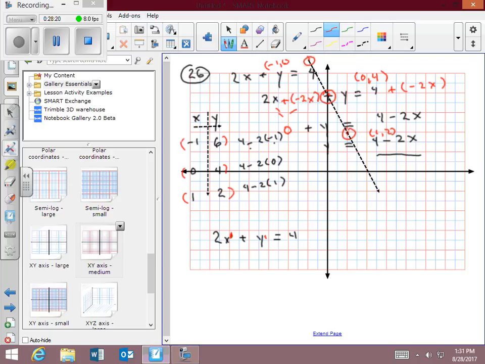What would you estimate the x-intercept to be? The x-intercept is where the graph crosses the what axis? We said 0, 4 was what? X-intercept or y-intercept? This point right here.